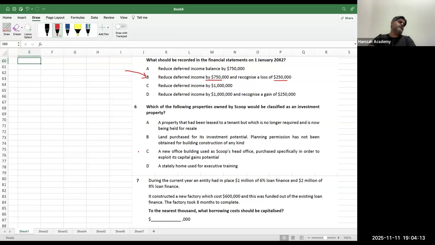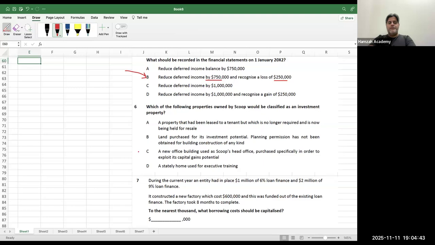Investment property is a real estate property which is held for capital appreciation or for earning rentals or both, right? And the sole reason for the investment is to have the capital appreciation or the rent that you want to earn from that property.